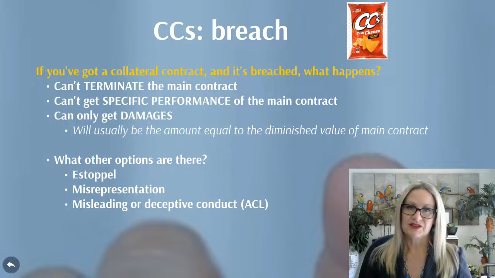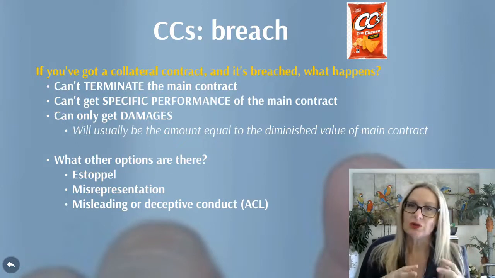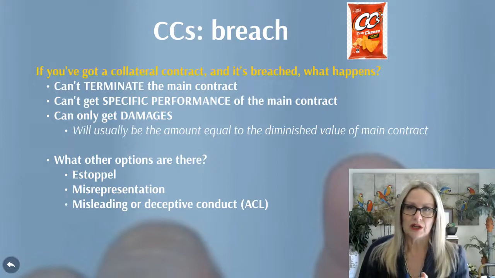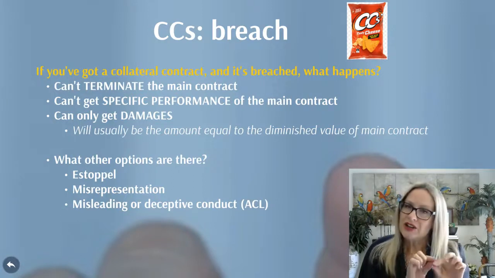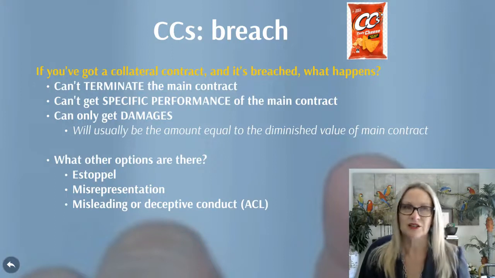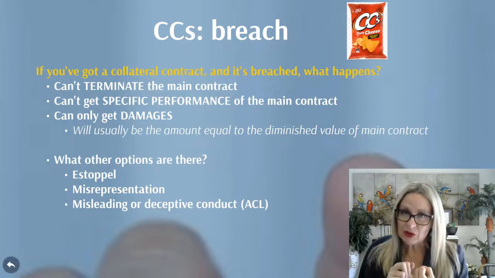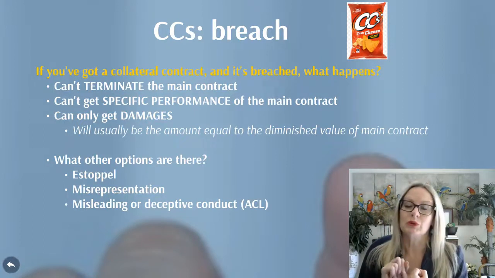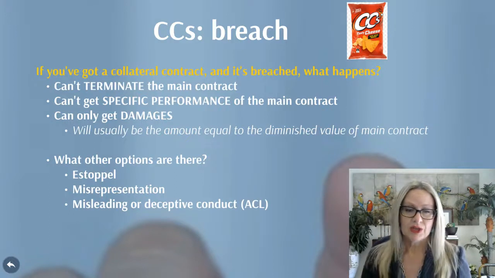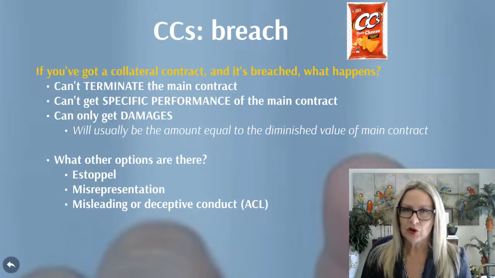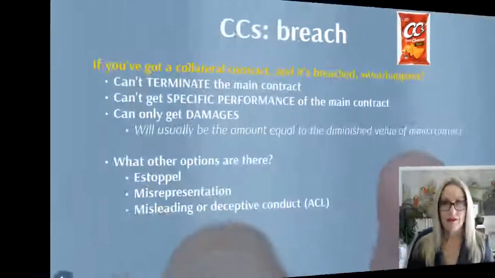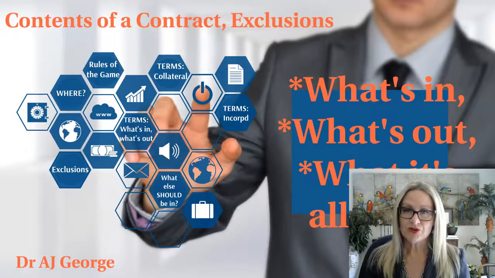So if this verbal assurance or whatever it is that you want to enforce or get a remedy for can't be enforced as a collateral contract, you might find that the naughtiness of that probably verbal assurance might constitute misrepresentation or misleading or deceptive conduct, two vitiating factors that we will talk about in another video. So just because you fall over on a collateral contract argument doesn't mean it's the end of the day. There might be some other things that you can argue in the alternative, and they are your most likely range of alternatives there. So that is the issue of collateral contracts.